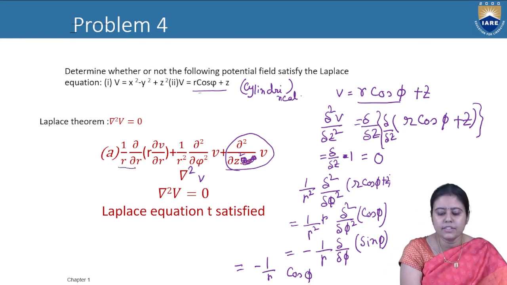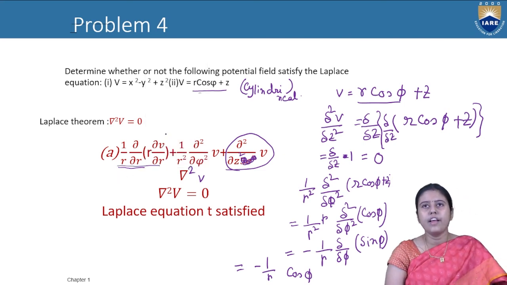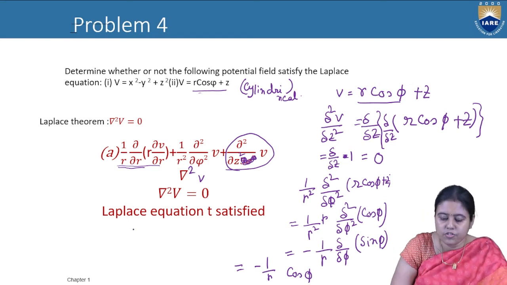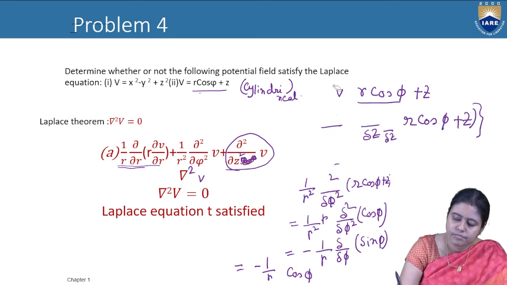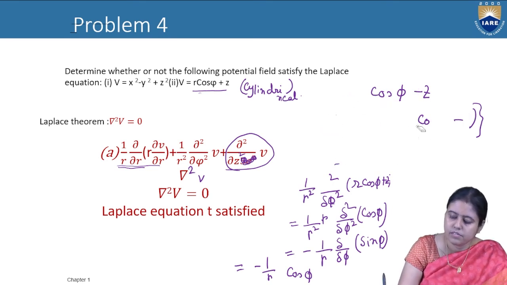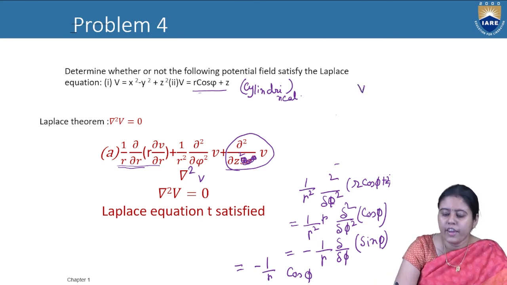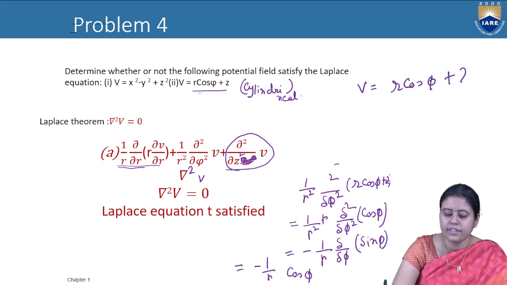Now we have to differentiate this one, two times. First 1 by r del by del r of r del v by del r. So let's do the last one or first one. So how to do this one? V is given as r cos phi plus z.